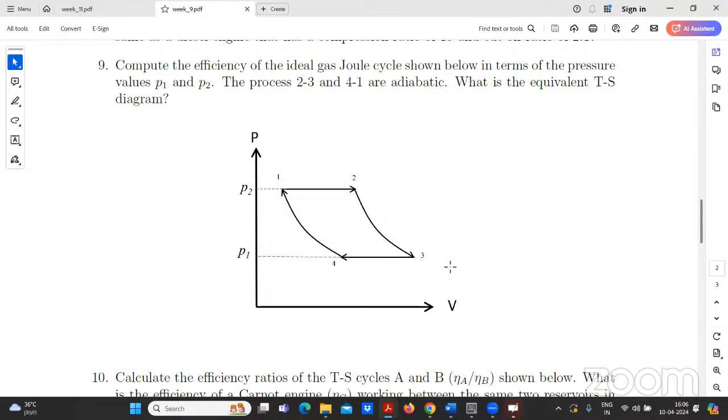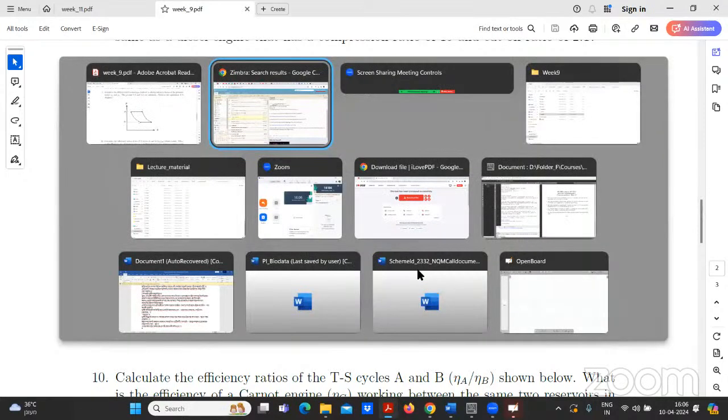Because these are isobaric processes, in order to calculate the heat we have to use the specific heat at constant pressure. So we cannot use Cv here. We have to use Cp times (T2 minus T1) and Cp times (T4 minus T3). Now that's exactly what we did in the solution.